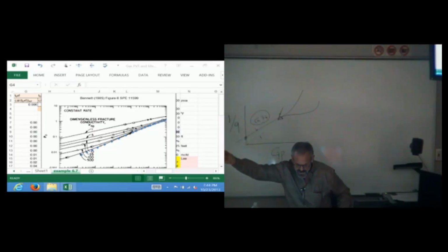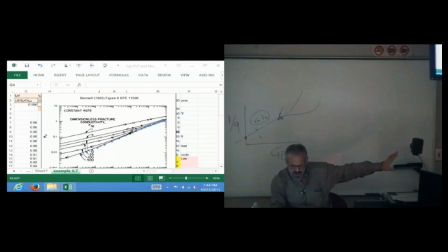If we come down 1, it's about in the same place, but when we come down to 10 for dimensionless fracture conductivity, it moves over considerably. When we get down to 25, more considerably. When we're at 100, it's almost off the graph, and at 500, there is no bilinear flow. The higher the frac conductivity, the less bilinear flow we have.